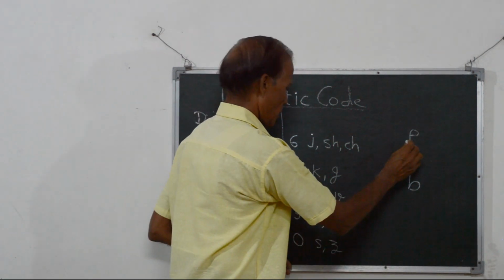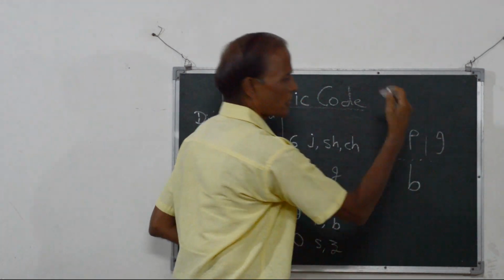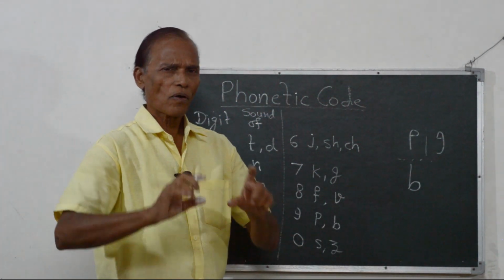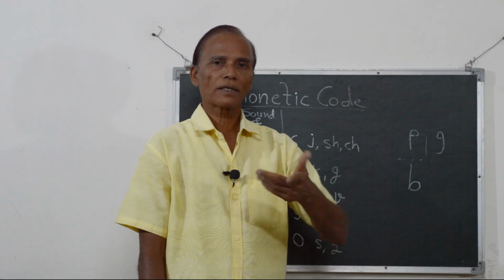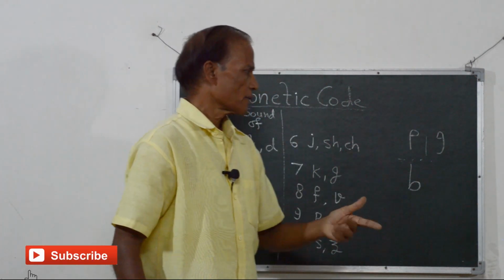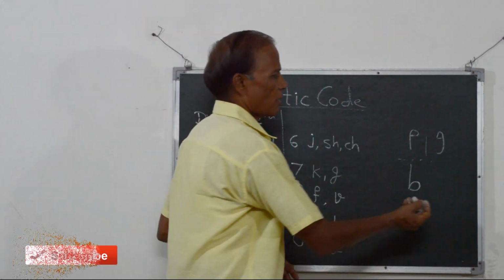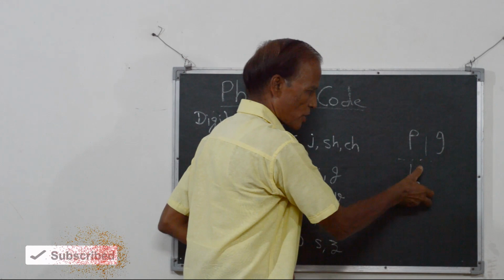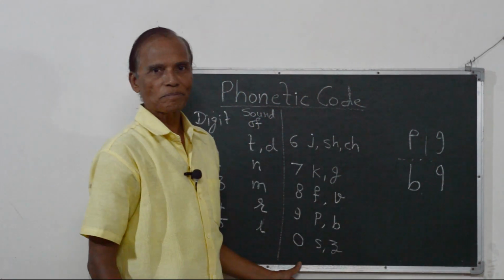So the shape of B is just like 9, with the orientation changed. Or if you rotate this B through 180 degrees, then that will naturally become 9.